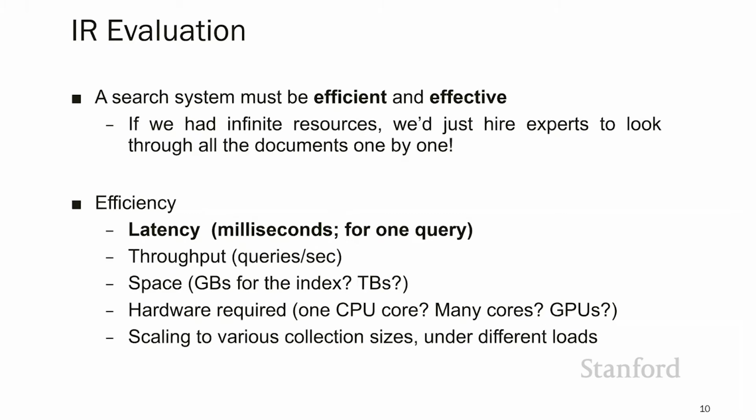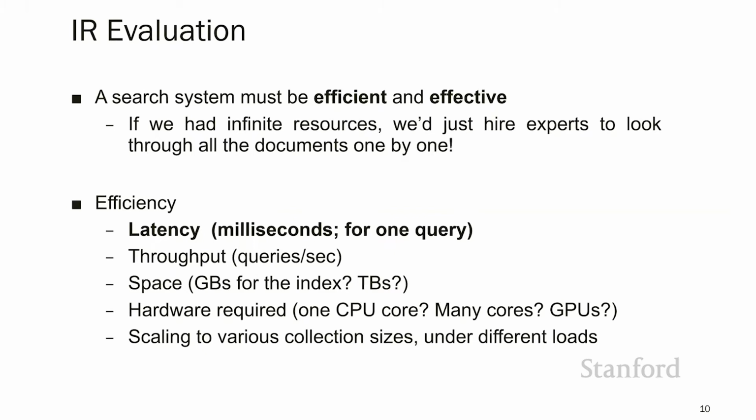After all, we want our retrieval models to work with sub-second latencies for collections that may have hundreds of millions of documents, if not even larger than that. The most common measure of efficiency in IR is latency, which is simply the time it takes to run one query through the system, say on average or perhaps at the tail, like the 95th percentile, for example. But you can also measure throughput in queries per second, space, maybe how much the inverted index takes on disk versus, say, a term-document matrix.